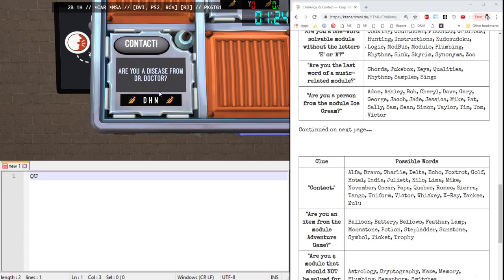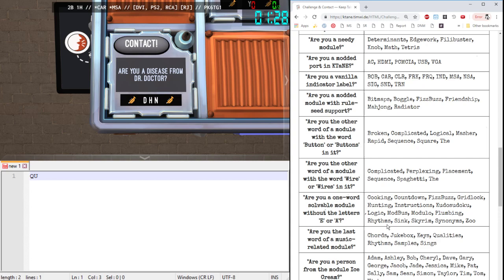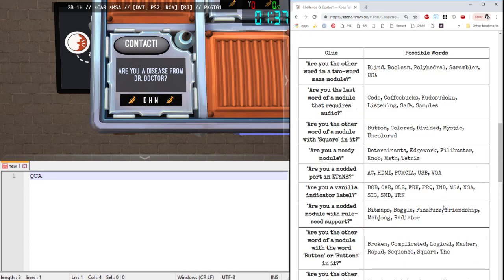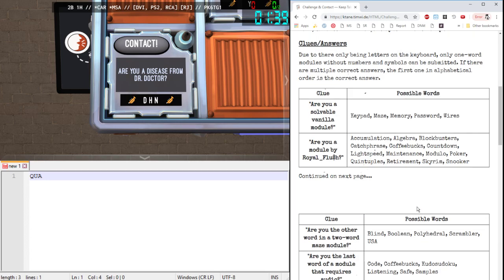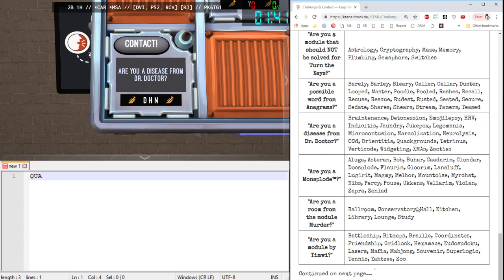Last up, a disease from Doctor. Starting with QU, next letter is N, but we Rot 13 it. 14 minus 13 is 1, is an A. Doctor. Q. Quack grounds.